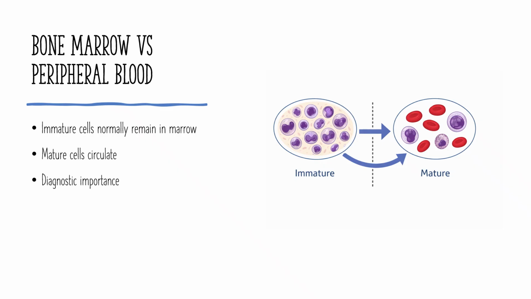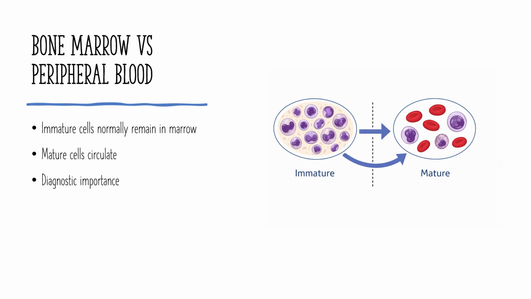Peripheral blood therefore represents the finished product line. So when we see blasts or early precursors circulating, that immediately raises clinical concern. It may indicate marrow stress, severe infection, recovery after suppression, or hematologic malignancy such as leukemia.